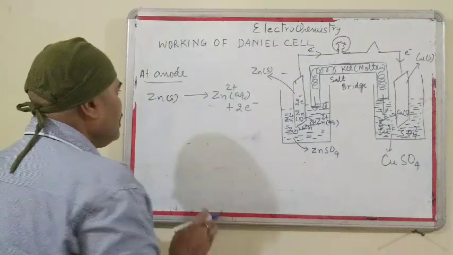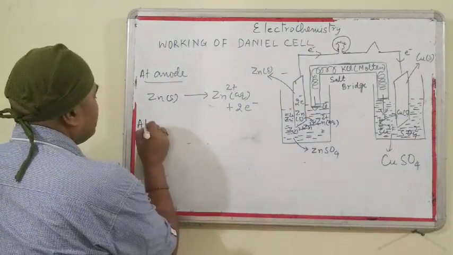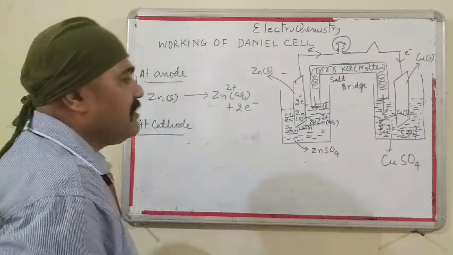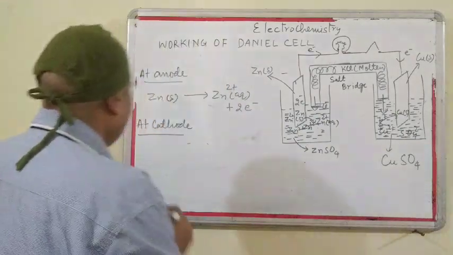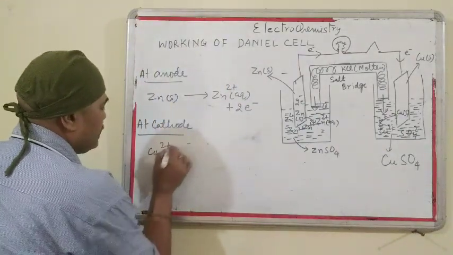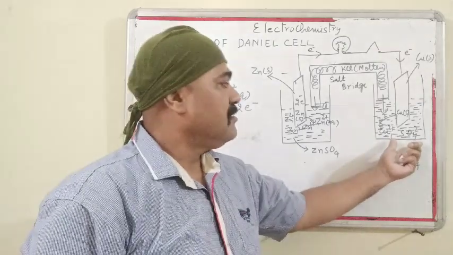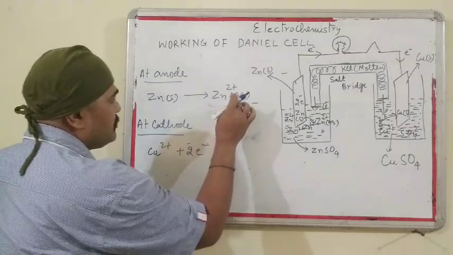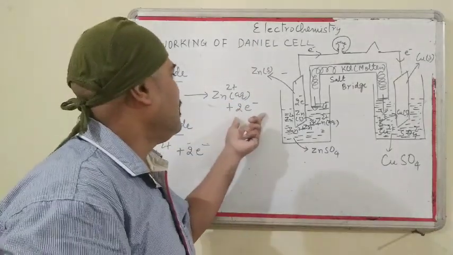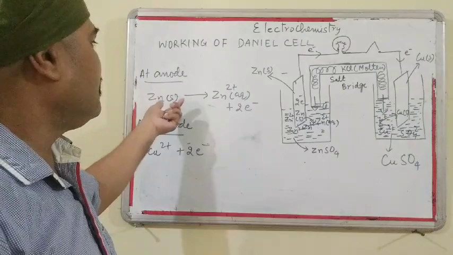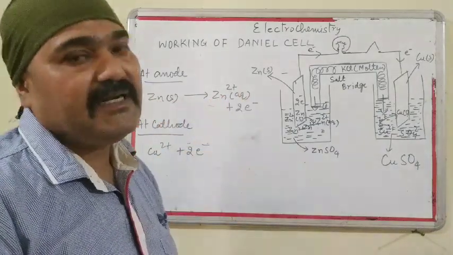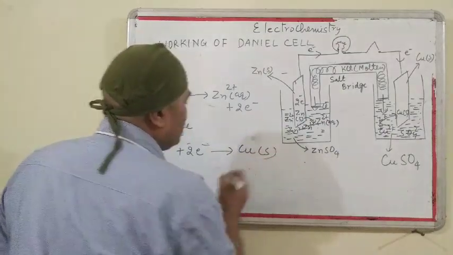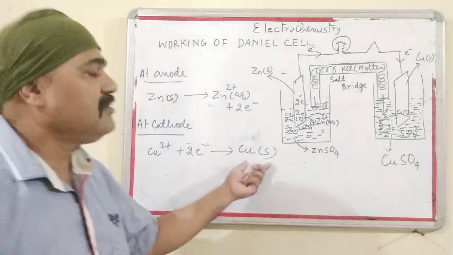Now at the cathode, in the right section, what reaction will happen? Copper ions in the copper sulfate solution gain these 2 electrons, which are given by the conversion of Zn solid to Zn aqueous, and deposit at the cathode in the form of solid copper.